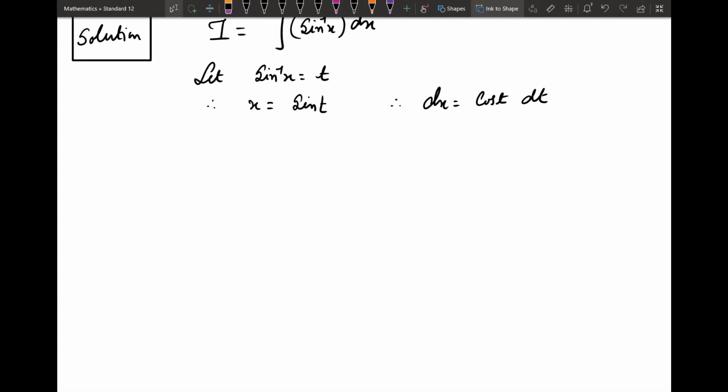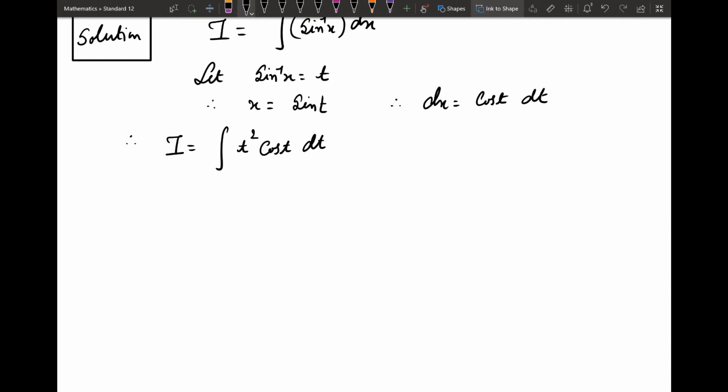So I equal to integration of sin inverse x, that is t, so t square, dx is cos t dt. So finally we have to integrate t square cos t dt. So now we will integrate this by parts.